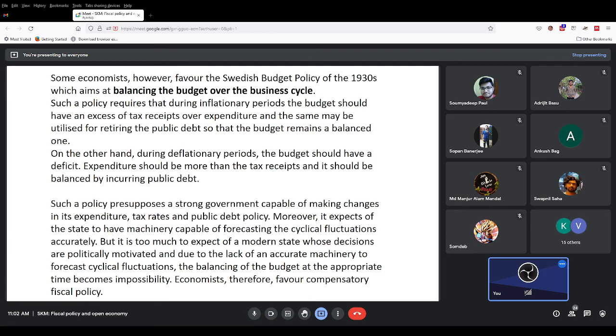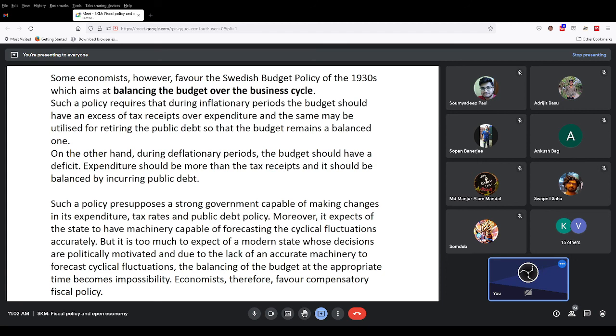To increase taxes so as to reduce the demand. Yeah, you can increase taxes. If you increase taxes, you are going to have a budget surplus, right?